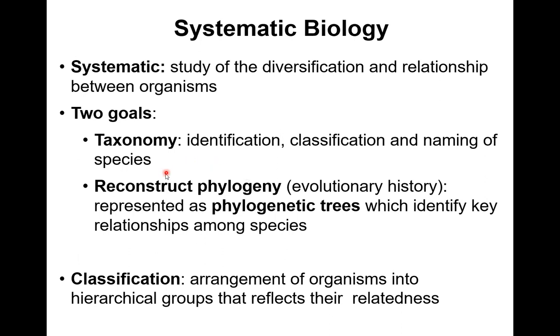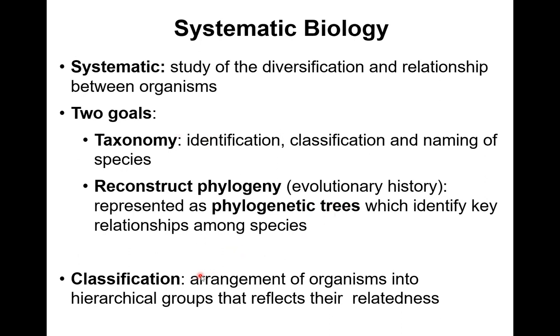And then the second goal is to actually place them into groups. That's what taxonomy does. Place them into groups so that they can be classified and named so that the international community can use a common language ultimately to refer to specific types of living organisms.